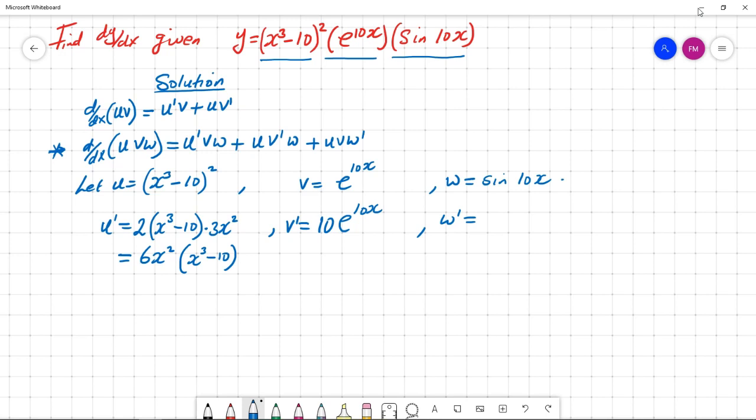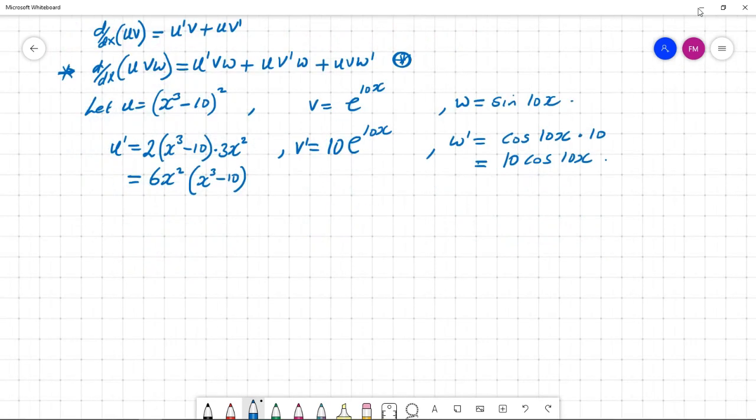When you differentiate sine, you get cosine. So it's going to be equal to cosine of 10x, then multiplied by the derivative of the inside function, and the inside function is 10x, so you multiply by 10. So the answer to this is going to be equal to 10 cos 10x.